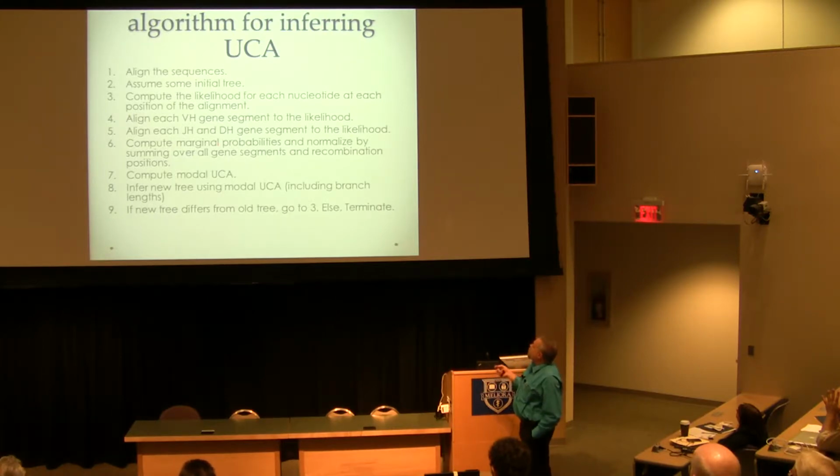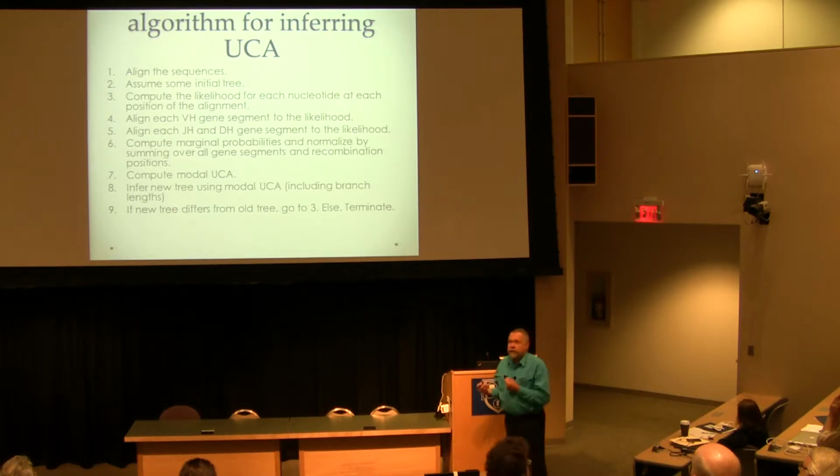We compute the likelihood for each nucleotide at each position of the alignment, and then we align every one of the V gene segments to this likelihood. And then similarly for JH and DH, we compute the marginal probabilities and normalize by summing over all gene segments and recombination positions.